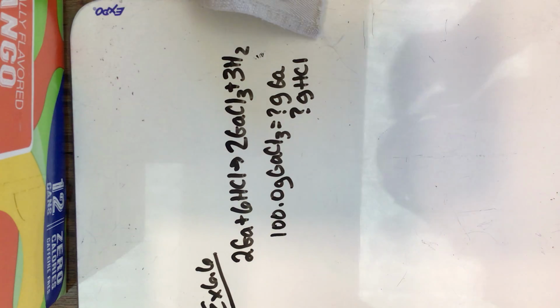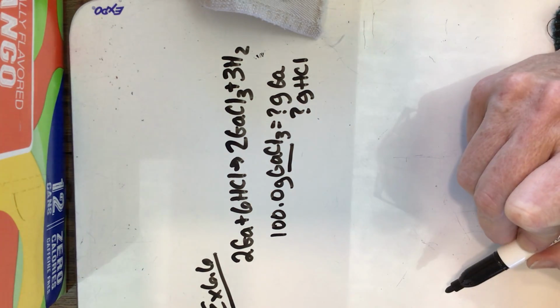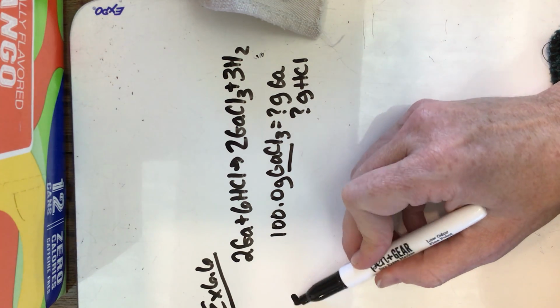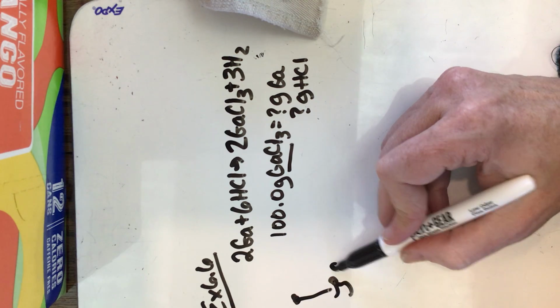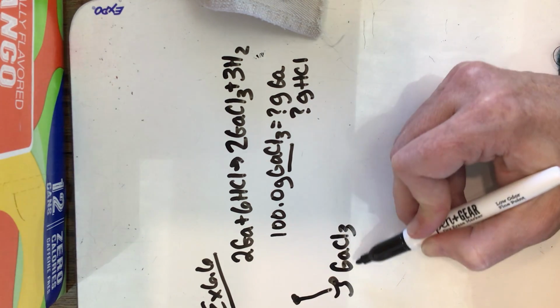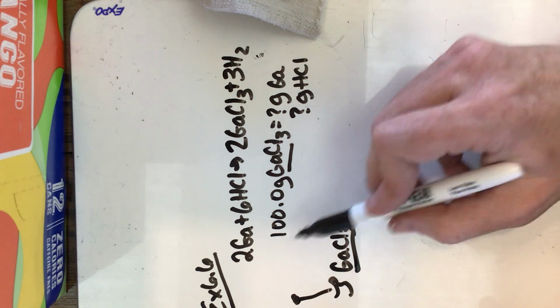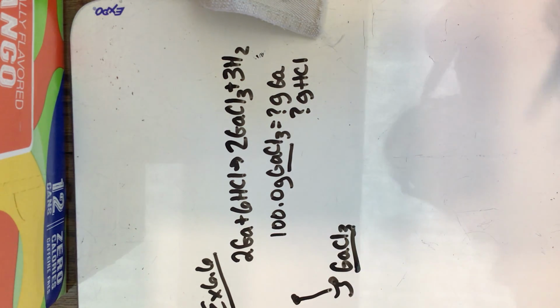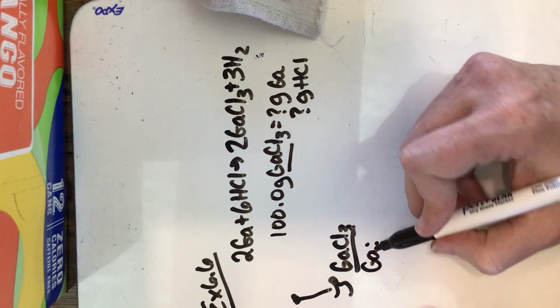Okay, so here's what I'm going to do then. I first need to know moles because I'm thinking of taking the grams of the first thing and going down to the mole. So I'm going to take my GaCl3 and figure out how many grams are in a mole so I can tell how many moles I have in 100 grams. So I look up the value for gallium.